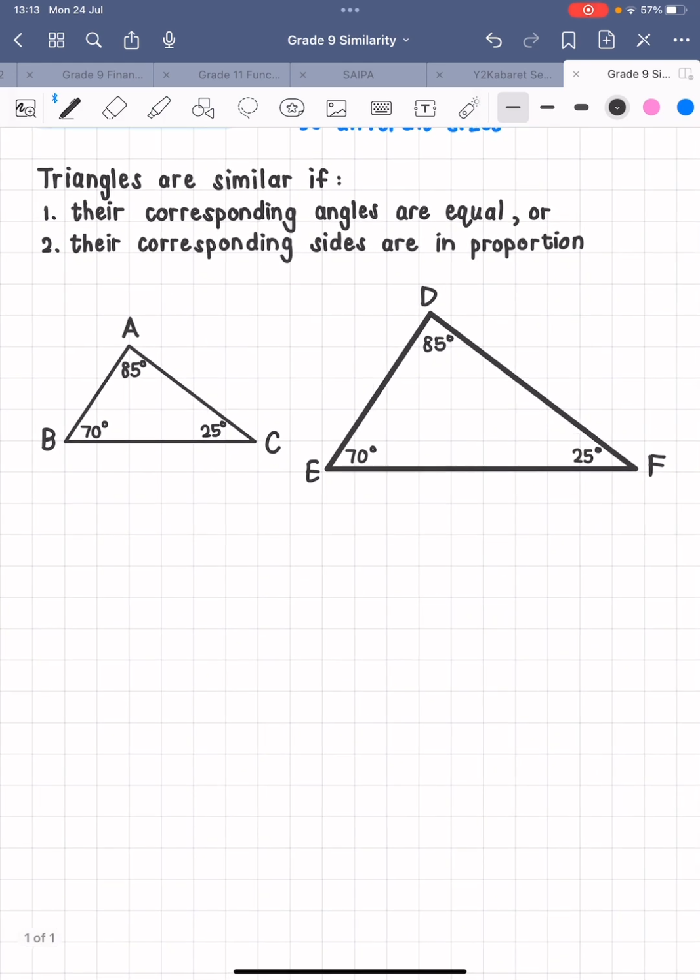I'm also going to fill in lengths of the sides. Again, it doesn't have to be perfect. I'm just going to make some values up here. Let's say that one is 3, and let's say this one is 7. Let's make it 6.